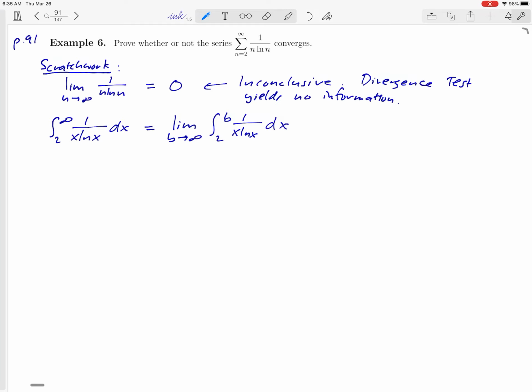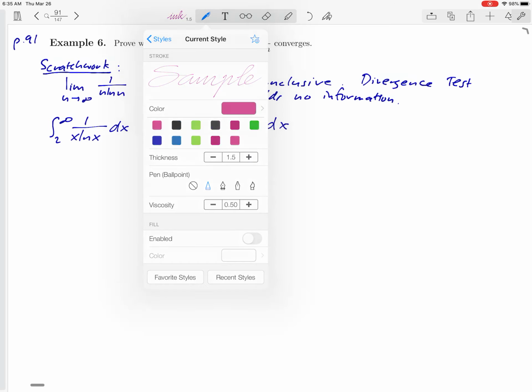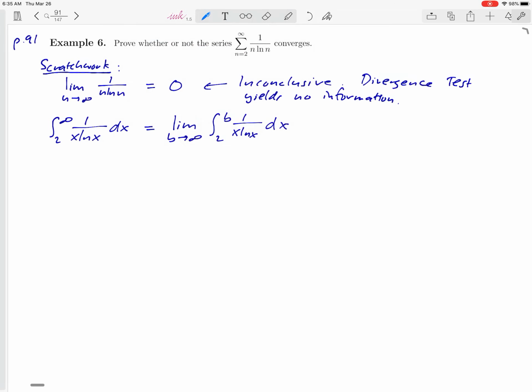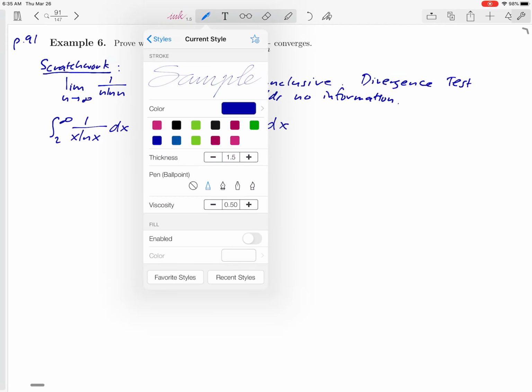As you look at this integral, you might notice that a u substitution looks like the way to go. I'm not going to write all of the details of the u substitution, but you can check this on your own. If you let u be ln of x, du is going to be 1 over x dx.